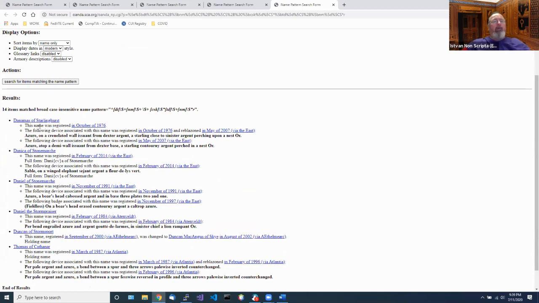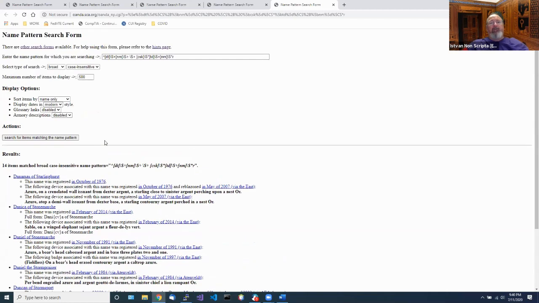So one thing we have to remember here is exactly what Beatrice just said. The central syllable, this one right here, if that's not present, it will be a conflict.